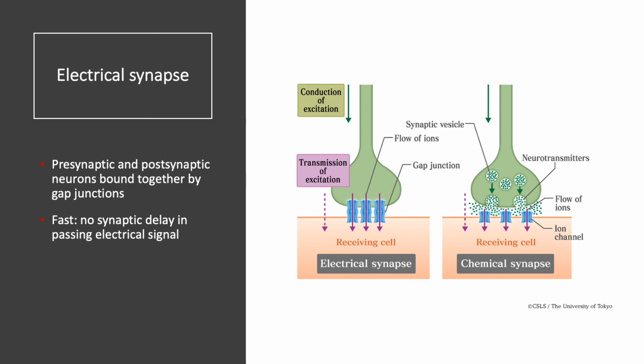So there's really no delay. There's no neurotransmitter diffusing across a cleft. You get direct excitation between the cells. It's very fast. And it's just passing of electrical signal. It's found in limited areas of the brain and the eyes. We probably won't revisit it too much more, but you should be aware that an electrical synapse does exist.